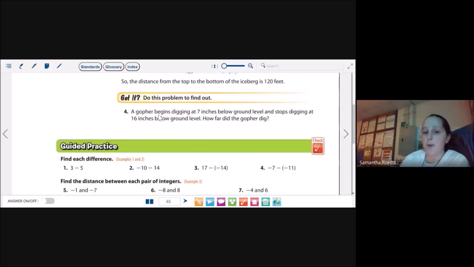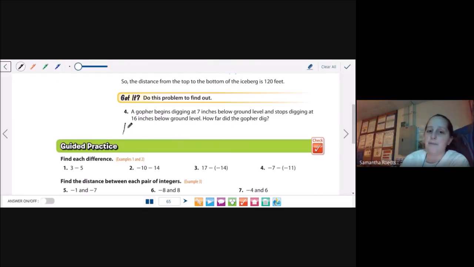Let's try it. A gopher begins digging at 7 inches below ground level and stops digging at 16 inches below ground level. How far did the gopher dig? Okay, so he started at negative 7 and stopped at negative 16. So that's saying negative 7 minus negative 16, which is negative 7 plus 16.